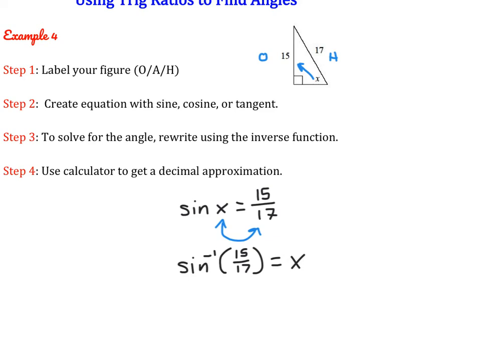Now your calculator has a button for arc sine. It's typically right above your sine button, but this is something where now all we have to do is plug it into your calculator to get a decimal approximation. And for this problem, we should get roughly 61.9, and since it is the angle, we have to say degrees. And there you go.